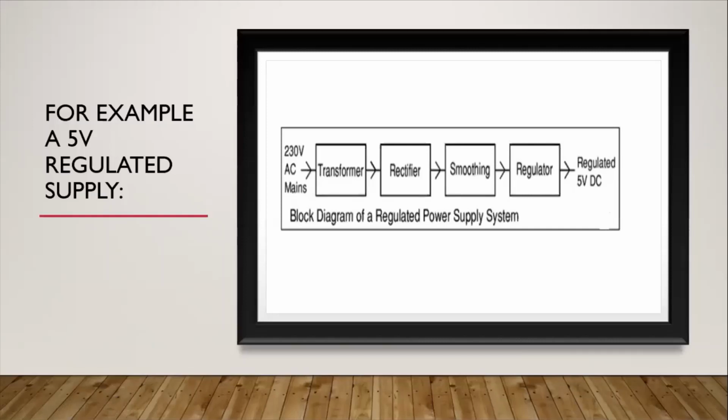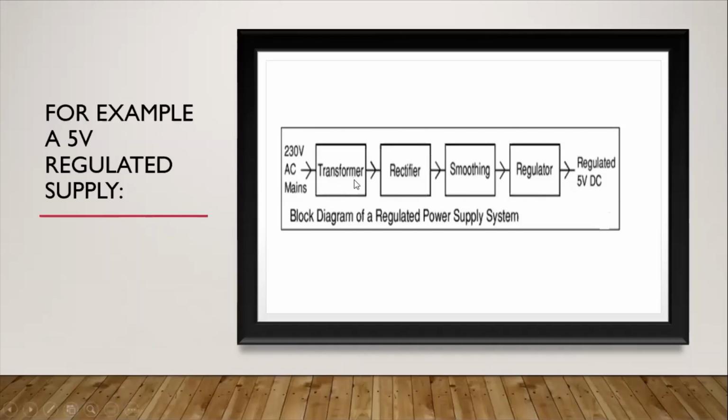Magsisimula tayo sa the block diagram of regulated power supply system. It consists of, magsisimula tayo sa transformer. Ang input natin is meron tayong 230 volts AC mains, for example. Then dadaan sa transformer, then it will pass next to the rectifier that will convert AC to DC.